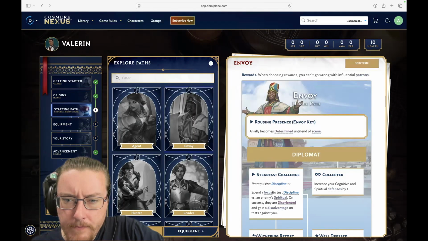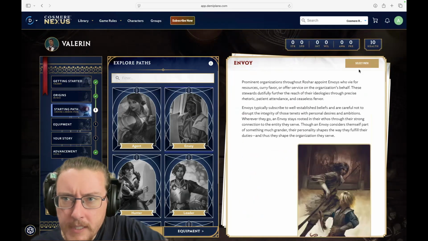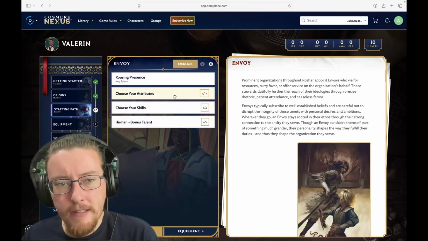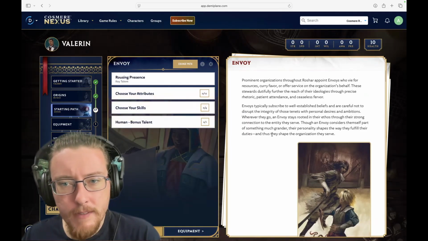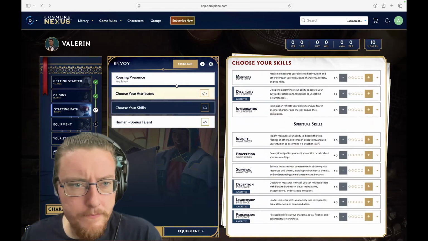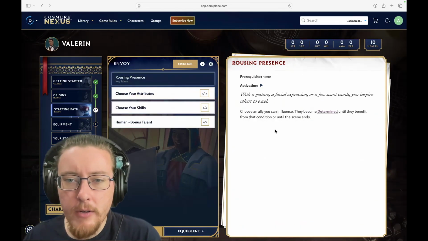Let's see. I'm going to select path and go from there. Okay, attributes, sorry. Skills, that's what I wanted. No, it's not. Talents. They call them talents.